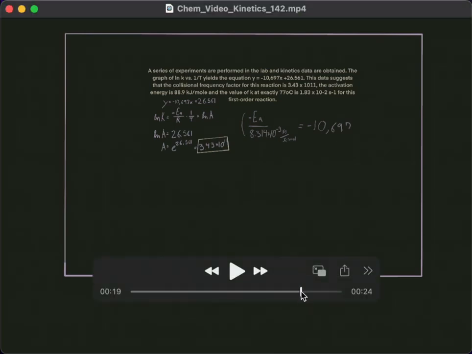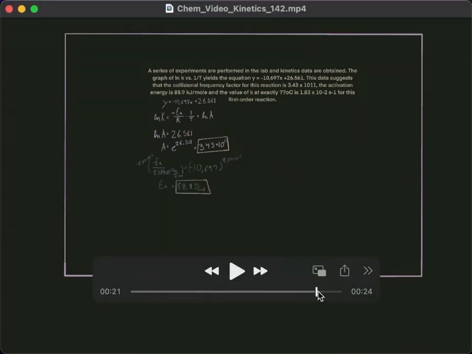To get EA by itself, we put the negative into the gas constant and multiply both sides by negative 8.314 times 10 to the negative third. This is just multiplication, and you get 88.9 as your answer.